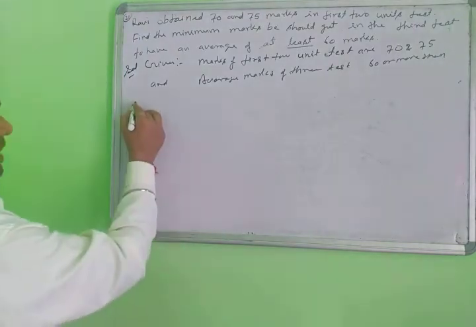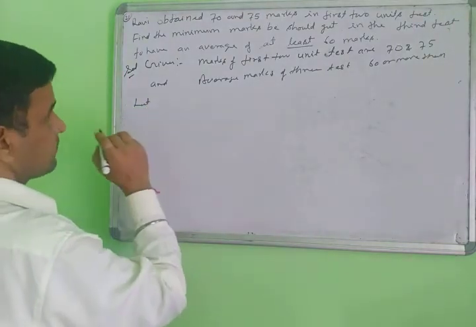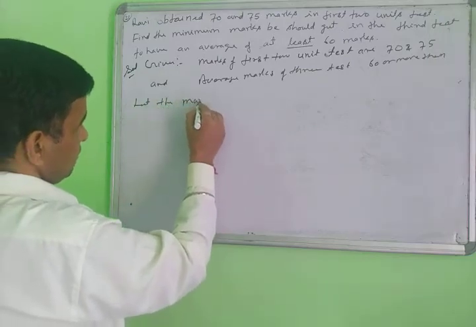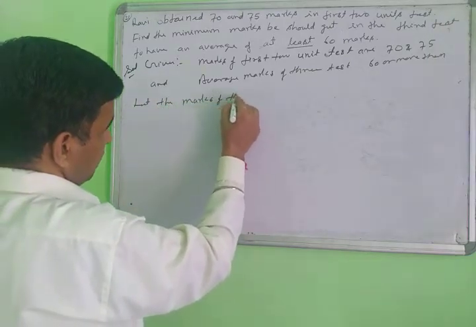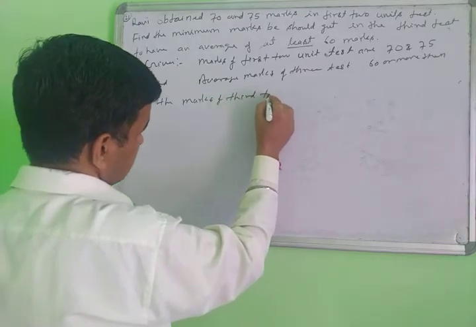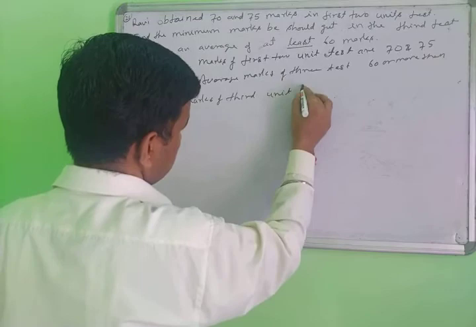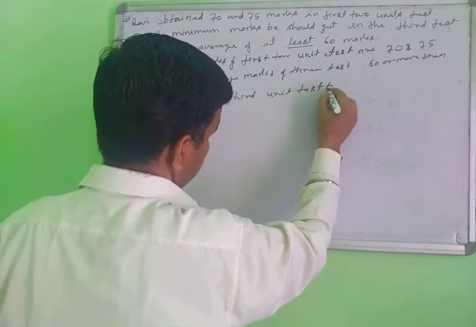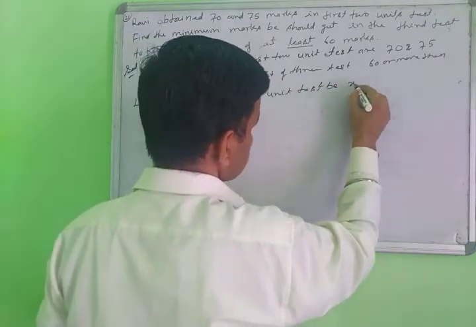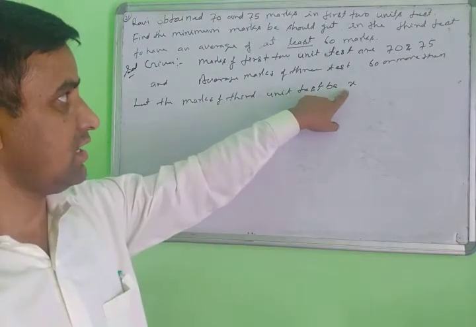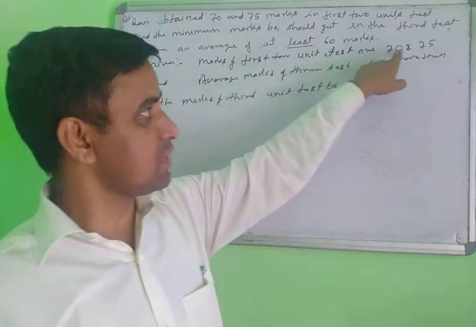Then let the marks of the third unit test be X. So we have the first two tests' marks and the third test's marks.